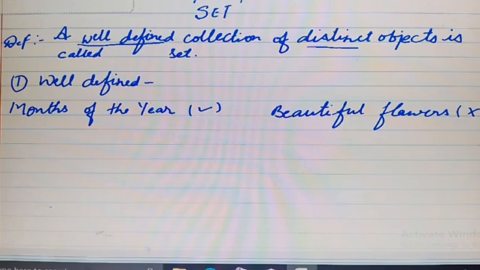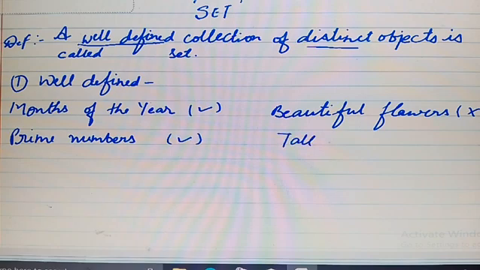Let's have another example. Here I can write prime numbers, which is well defined. While if I'm writing tall persons, you can see that it is not well defined.